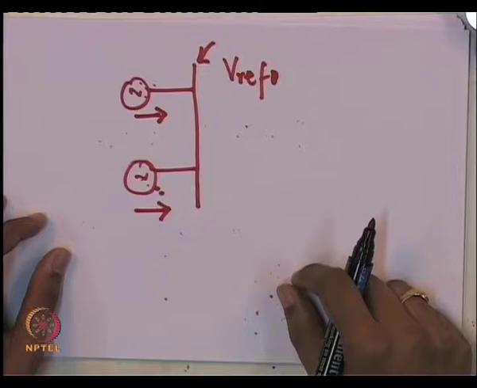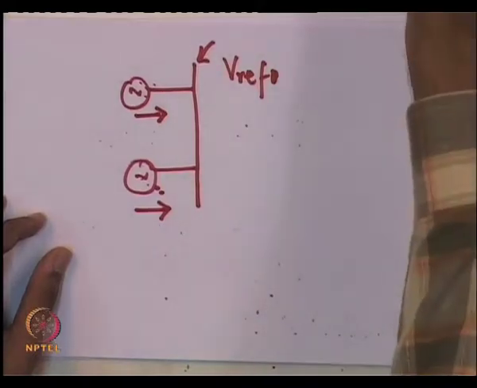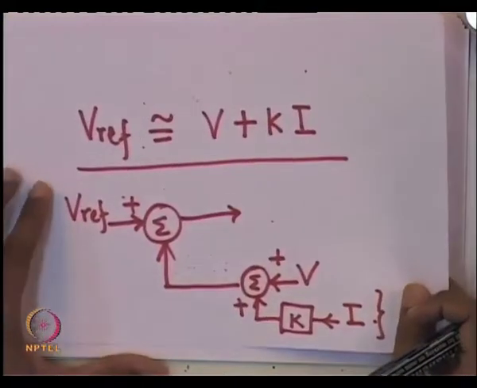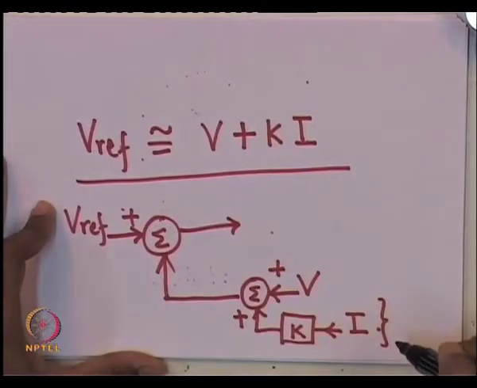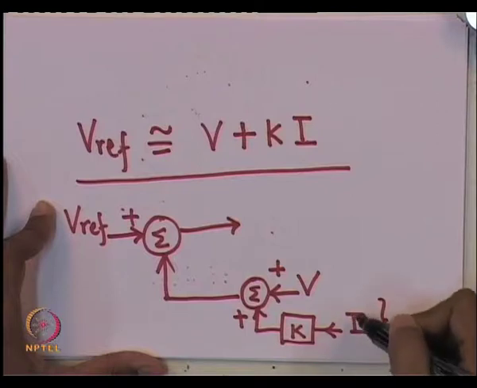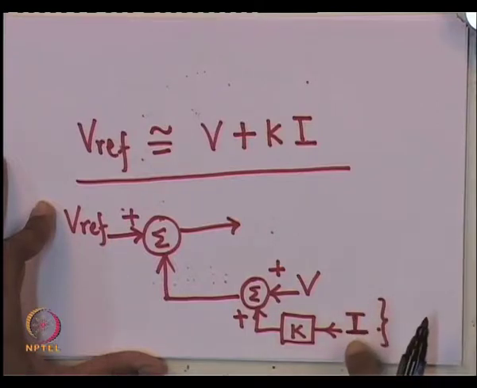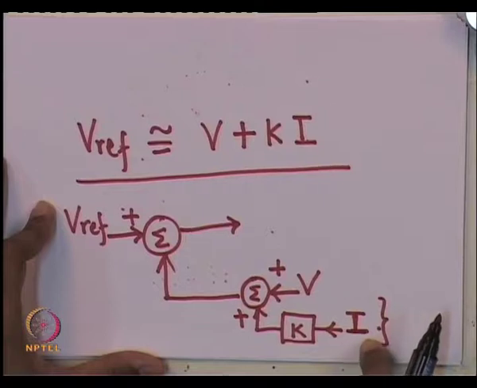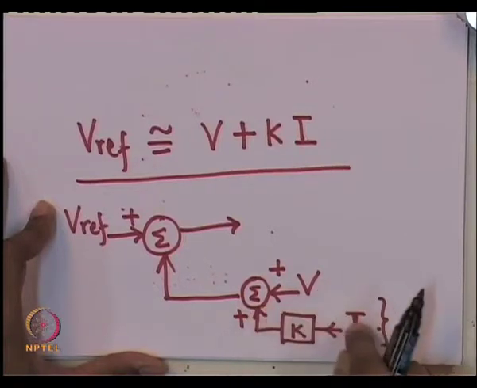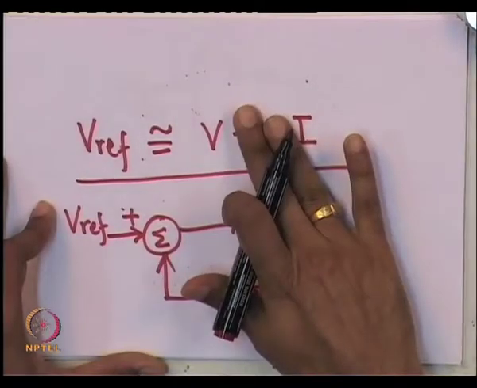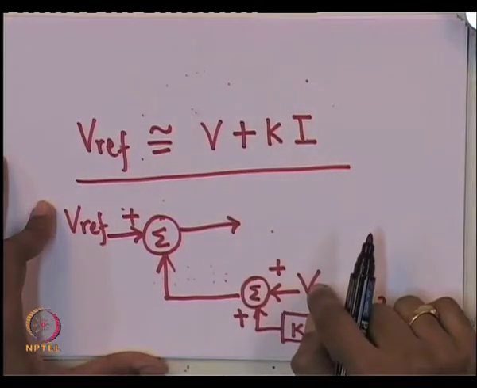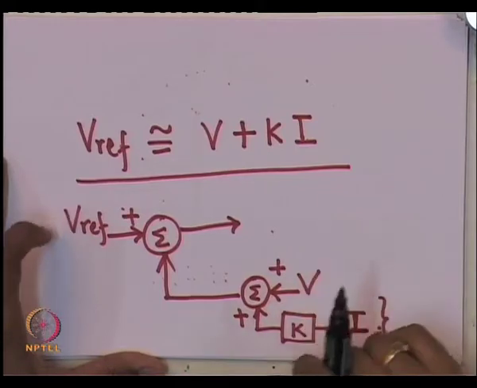Now, normally what we do is we make this change to the automatic voltage regulator, so that if a machine contributes more current, or more load, okay, more current, in that case, this gets modified, this additional term essentially reduces V, makes V slightly less than Vref.